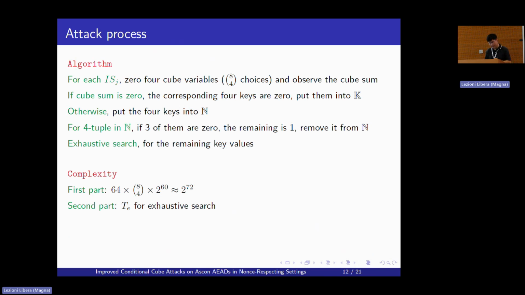The whole algorithm is like this. For each initial structure, we choose 4 corresponding cube variables and set them as 0. Then we do the cube test to observe the cube sum.